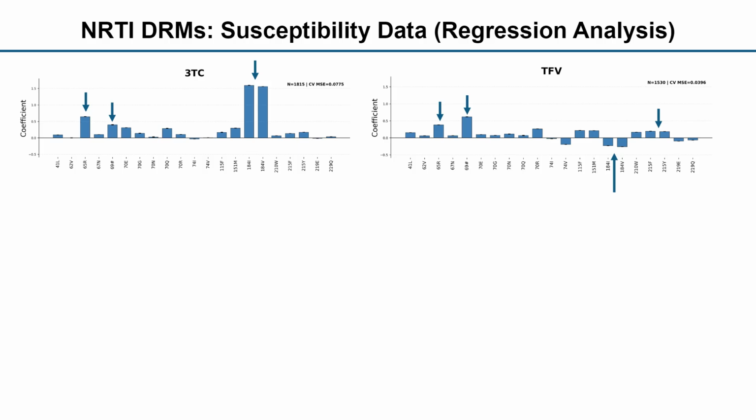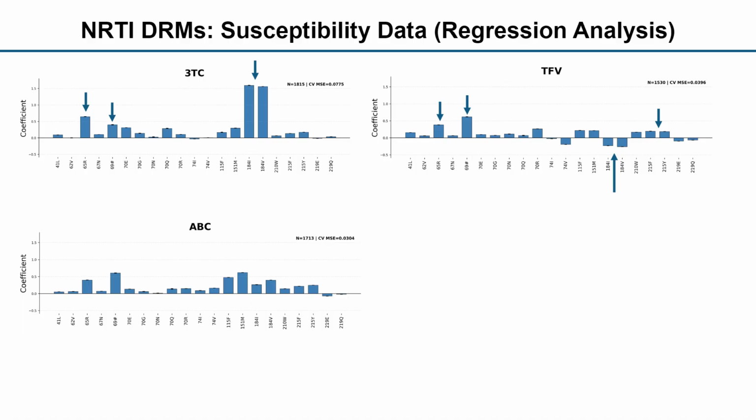Additional contributors include the TAMs, especially T215F and Y, as well as the rare multi-drug resistance mutations at positions 69 and 151. In contrast, M184V and I increase susceptibility, and K70E, despite being common clinically, has only a minimal effect on tenofovir susceptibility.